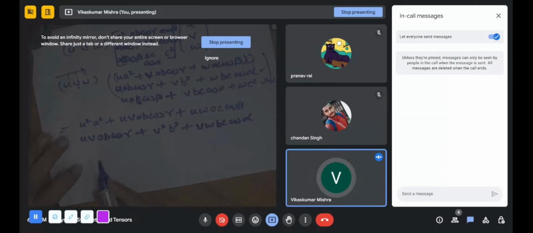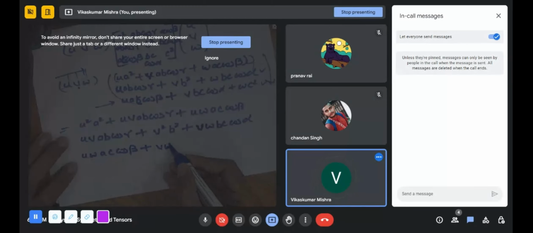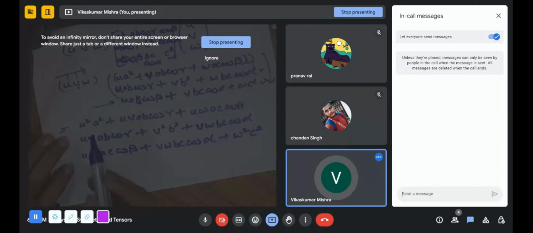And W multiplies the third entry: UW AC cos of beta plus VW BC cos of alpha plus W square C square. This is the entire thing we are getting, and this is the formula we are looking for.